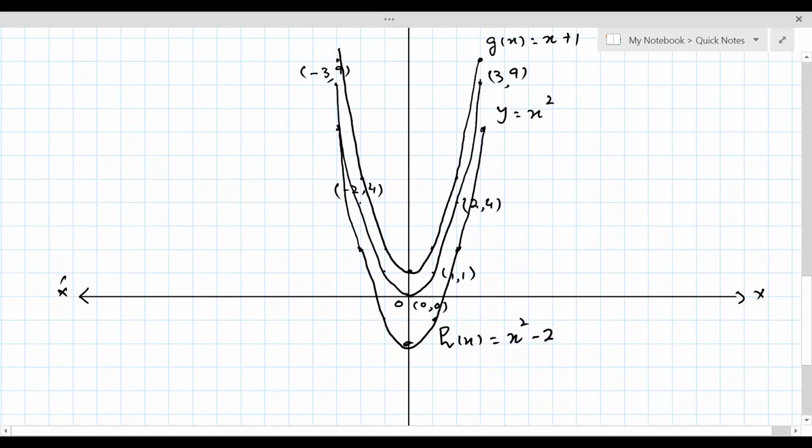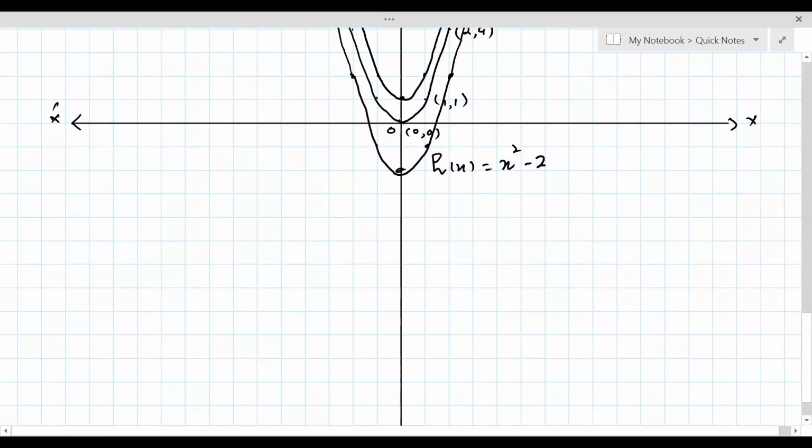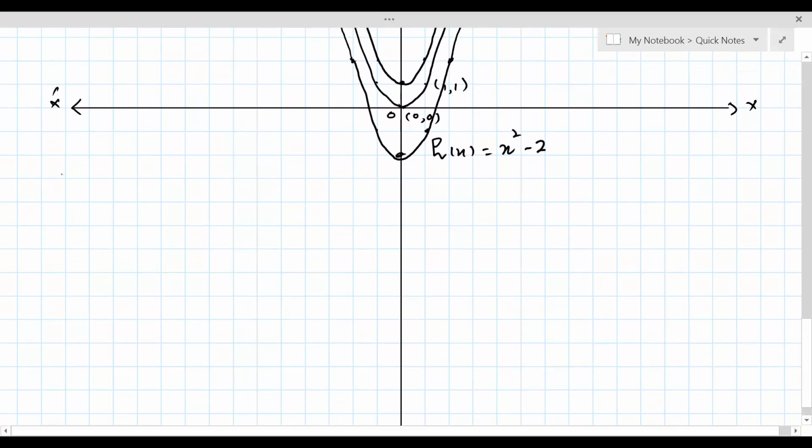So what we have seen, the graph didn't change the shape. What we can observe here, our observations, number 1, shape of the graph. Shape of graph does not change.